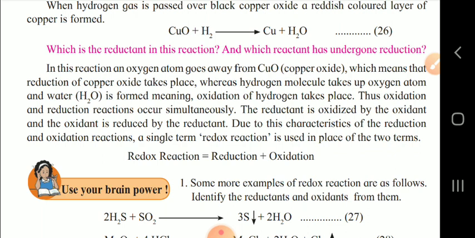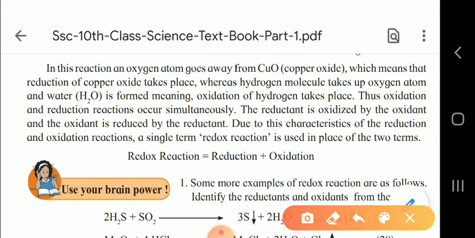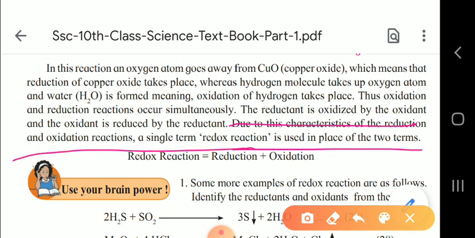So this way we can see that reduction and oxidation occur at the same time. Due to this characteristic, reduction and oxidation reaction together are called a redox reaction, a single term used in place of two terms. So redox reaction is oxidation and reduction occurring at the same time.